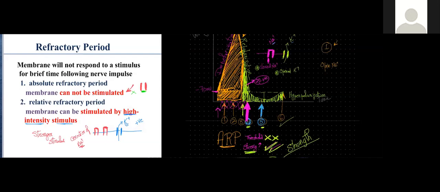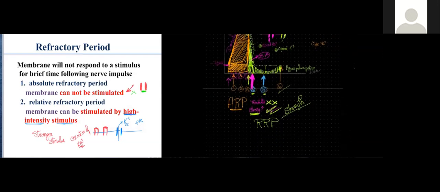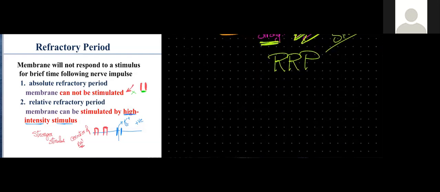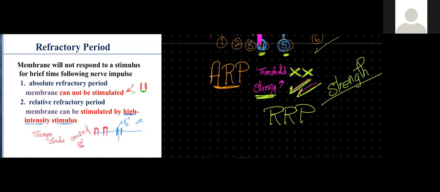All right, so welcome back. For those who are asking about the answer to the question, the answer is going to be an essay. So you're going to be mentioning that for 1, 2, and 3, the cell can't be stimulated, it's the absolute refractory period.